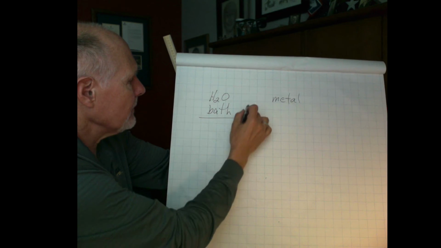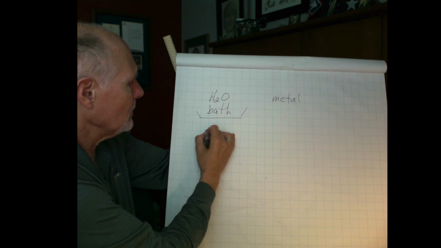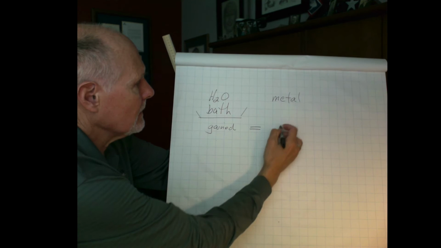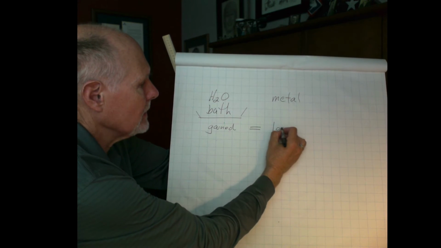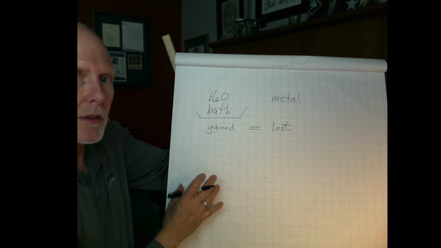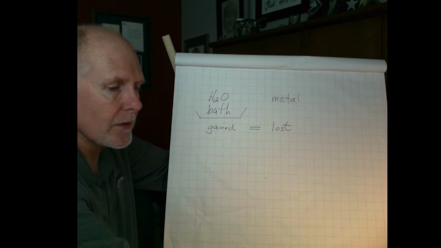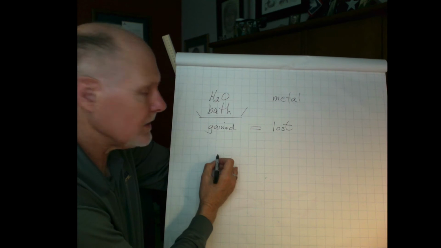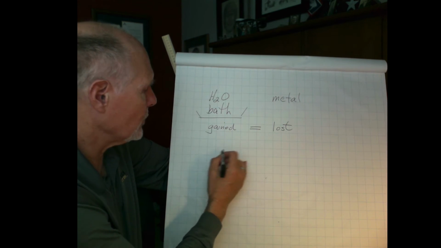So the amount of heat energy that was gained over here is going to be equal to the amount of heat energy that was lost over here. But it's a little bit more complex than that because we need to take some other variables into account, and what we need is this formula right here.